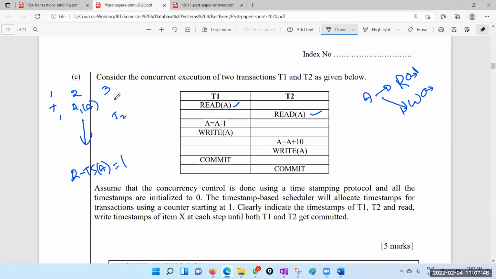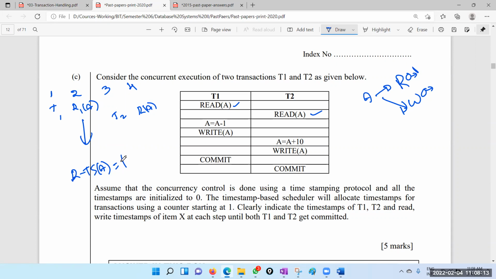Okay. So now let's say the fourth time unit, you need transaction 2 to read A. When you read A, what you have to do? You have to update the read timestamp. If you are the younger, you have to update it with your transaction time. If you are not a younger one, you just keep the read timestamp. Now you are a younger transaction.